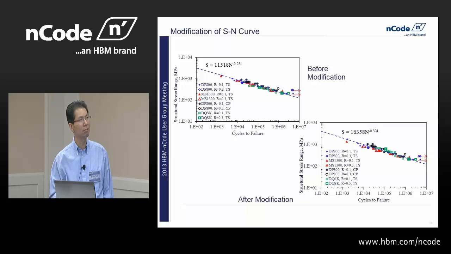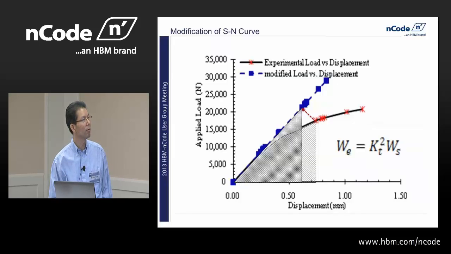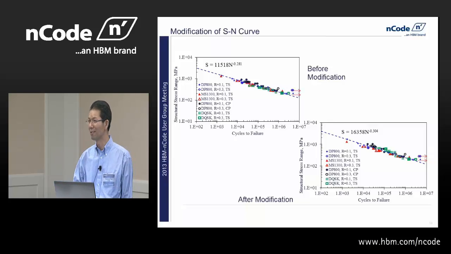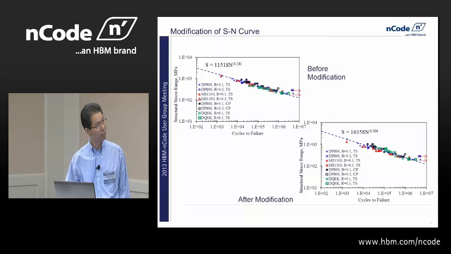This will also make more sense compared to real cases, right? Of course, people may say we are not really looking at this area of life, we're mostly looking at this area. That's true, but this is one way of correcting your SN curve. So that is the basic idea of what we did in this testing and this analysis.